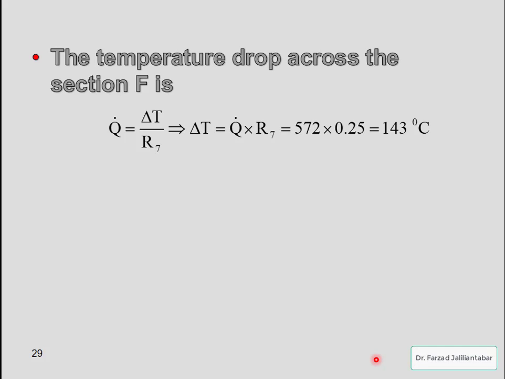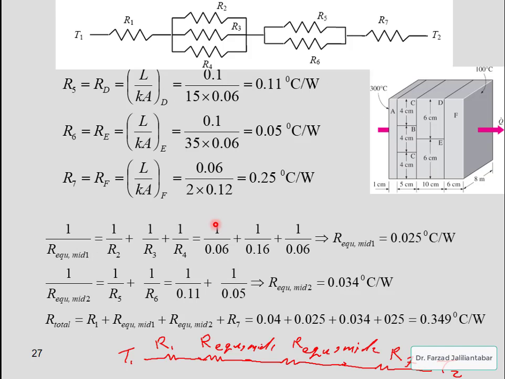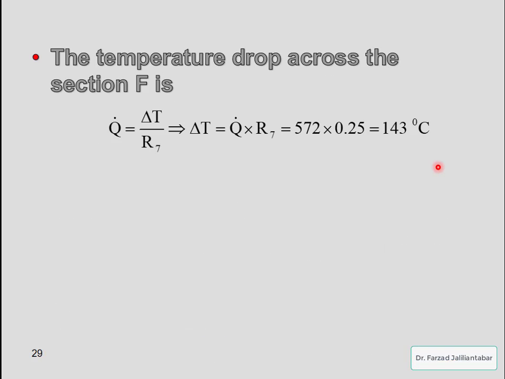Then to calculate the temperature drop across section F. How much is the temperature dropped through this material F? How can we calculate that? By this equation, Q dot equals delta T divided by R7.